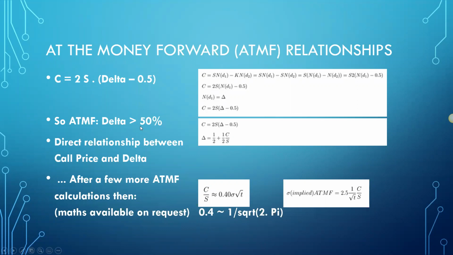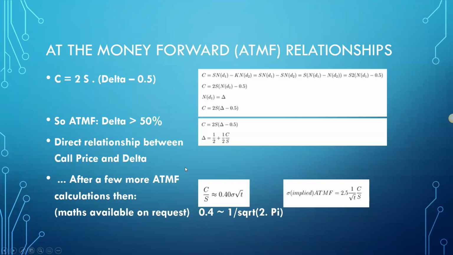So if on your option chain on IB, TOS, or wherever you see that the delta is slightly higher, that's actually quite normal, because, as you see, there's no approximation. These are straight equal signs, so this is exactly what it is. There's a direct relationship between call price and delta here.